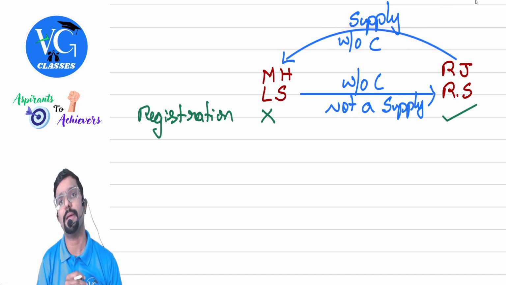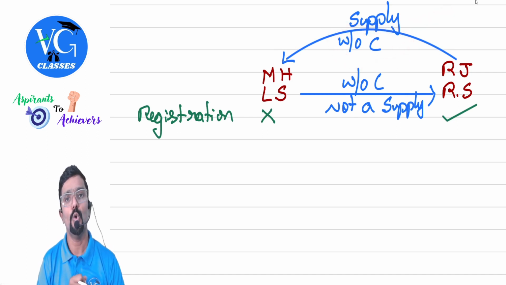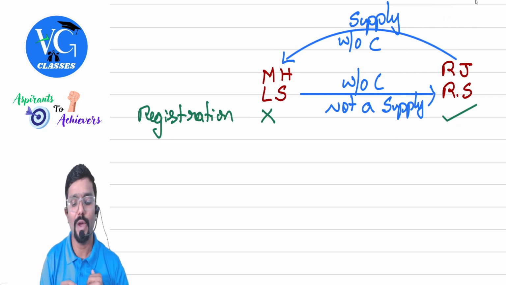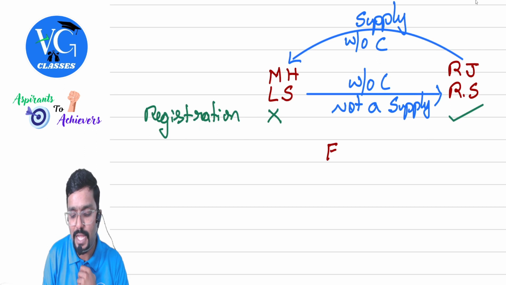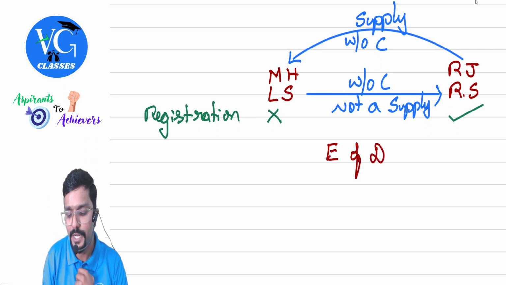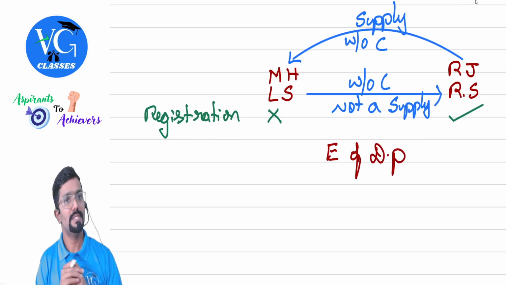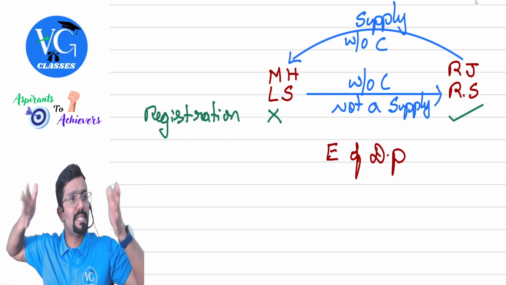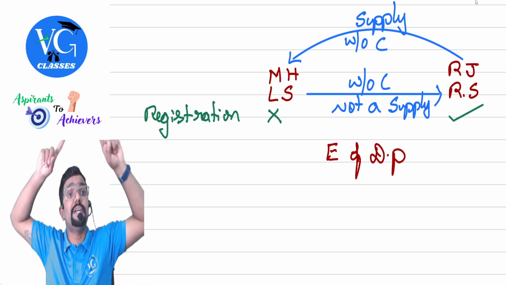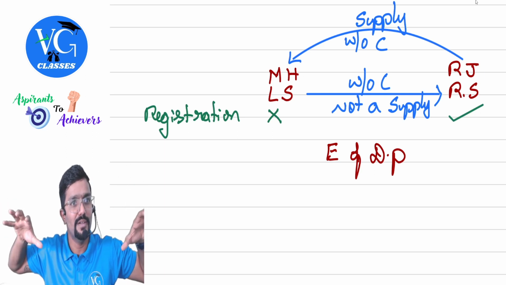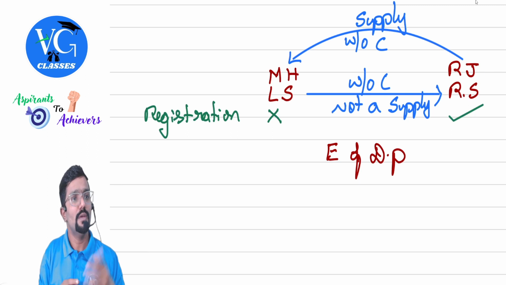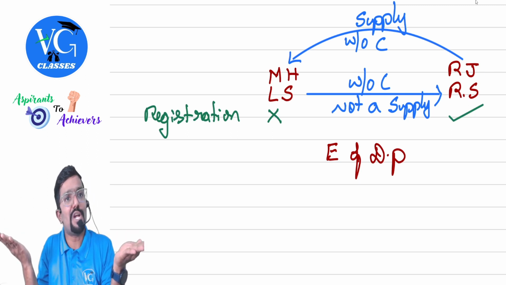Yes, it is a supply, as per para 2 of Schedule 1. Why, sir? Because Maharashtra and Rajasthan, we will treat them as the establishment of whom? Distinct persons. See, first I taught you that if separate registration is taken under the same PAN, we treat them as distinct persons. Each registration will be a distinct person. But later they also told that if one branch is registered and another branch is not registered.